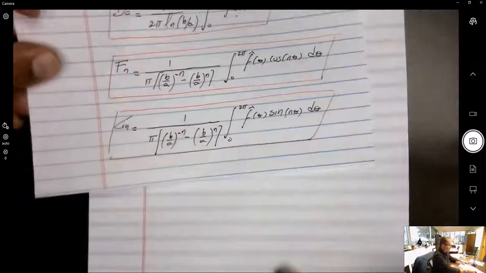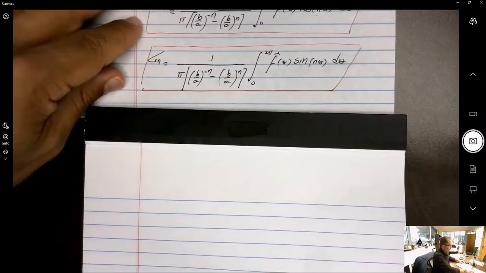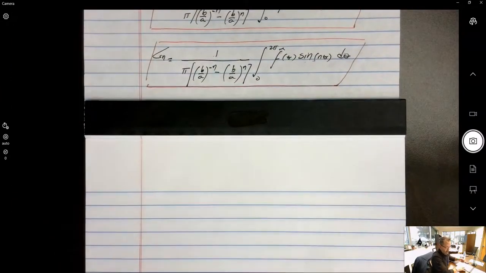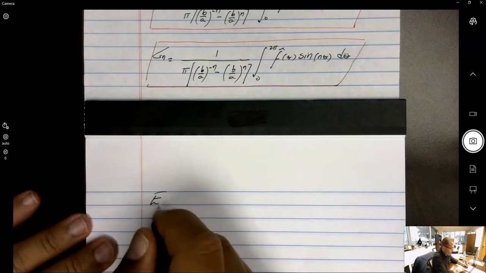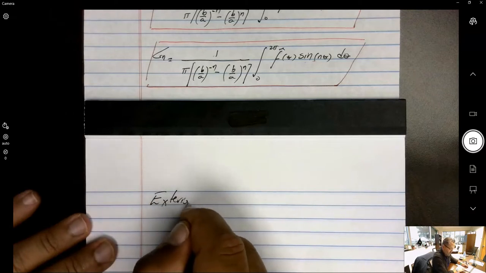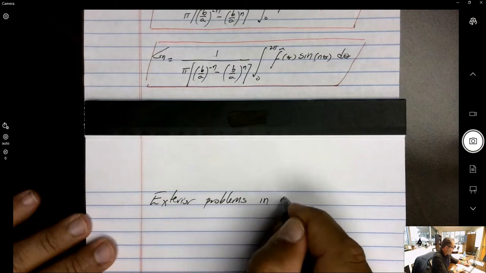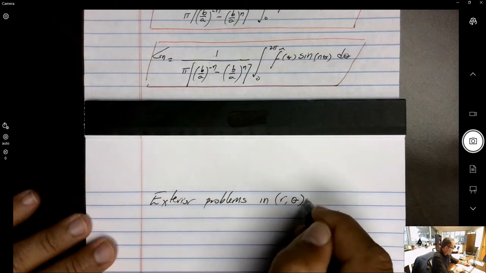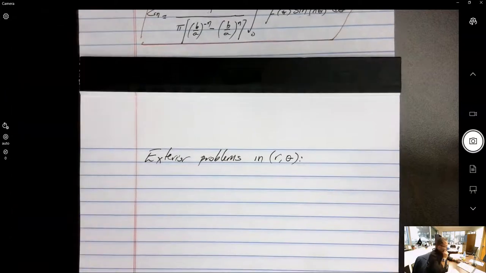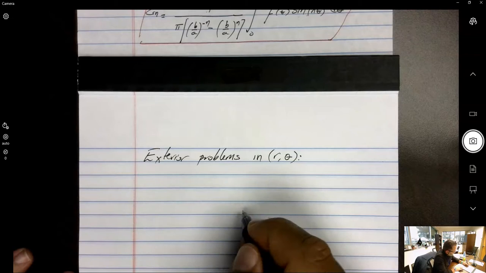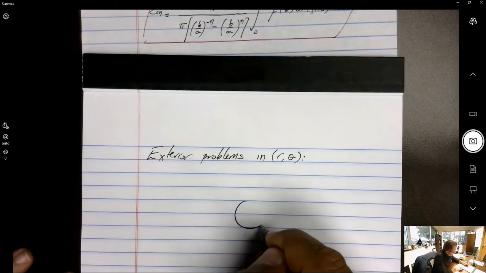All right. So, in addition to this, there's another type of problem that we can do in polar coordinates. It's not so obvious. Exterior problems in polar coordinates. So this will be the case where we have, for example, a circle.